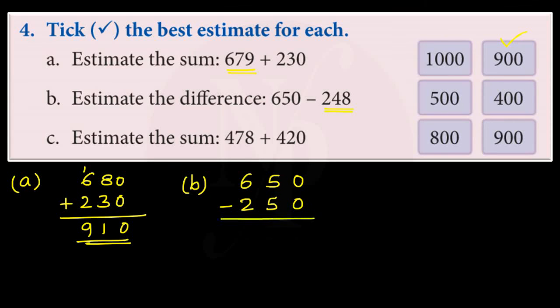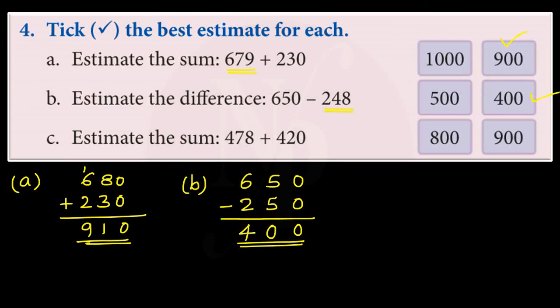And now let us subtract. On subtracting 0 you get 0, 5 minus 5 is 0, subtracting 2 from 6 you get 4. 400 is the estimated difference. So tick the appropriate box here.